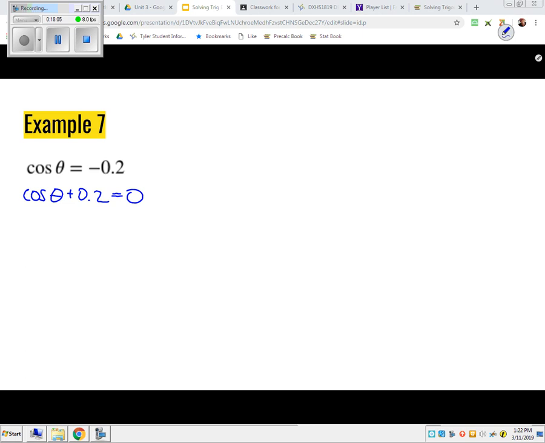Getting it set equal to 0 is going to help on a lot of these, but on this one, I don't think it got us anywhere. Divide it by 2 over 2? Well, that would be 1, and then we'd still be back to right here. Divide by negative 0.2. That's going to be cosine theta. Move the hat. Nothing has a hat.